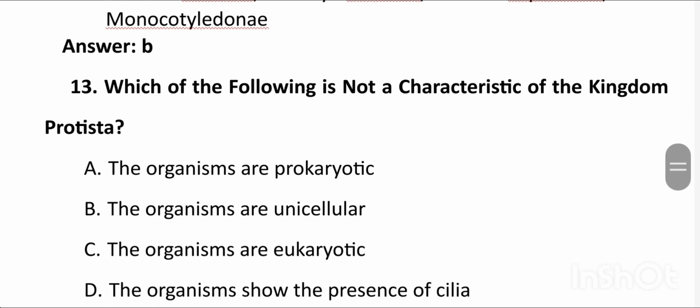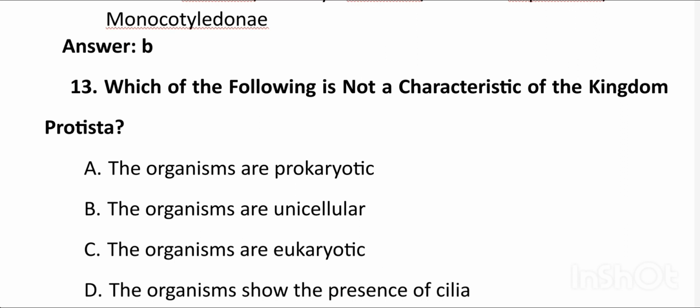Then question number 13. Which of the following is not a characteristic of kingdom Protista? The organisms are prokaryotic, the organisms are unicellular, the organisms are eukaryotic, option D, the organisms show presence of cilia. At first I have already told you that the organisms that belong to Protista are all unicellular but eukaryotic.